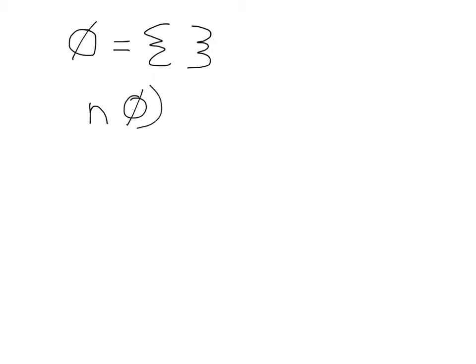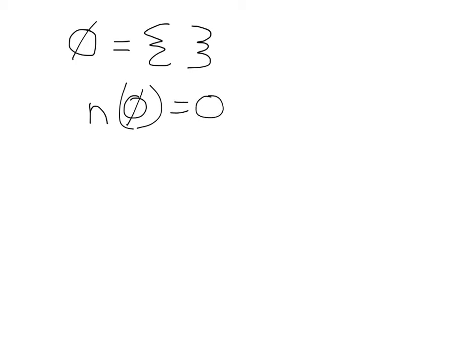Now let me just take a side note, because some people get confused on this: the set containing no elements versus the set containing 0. Okay? When I say the empty set, I mean the set containing nothing. Cardinality of the empty set is 0.